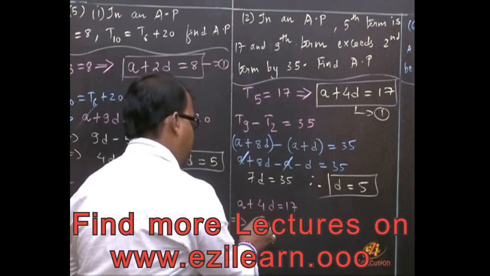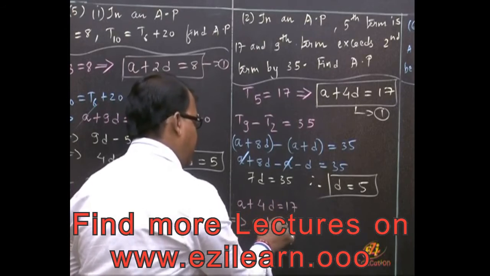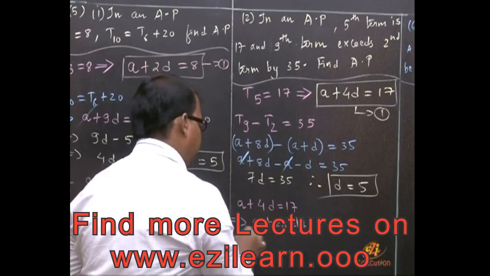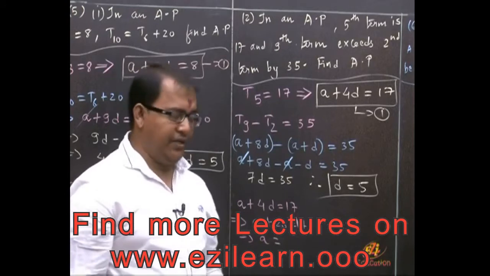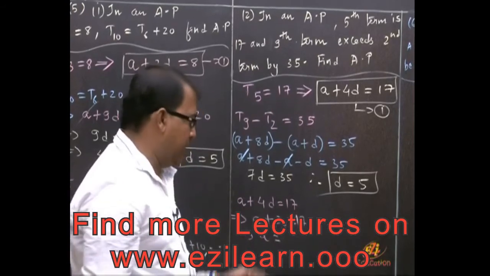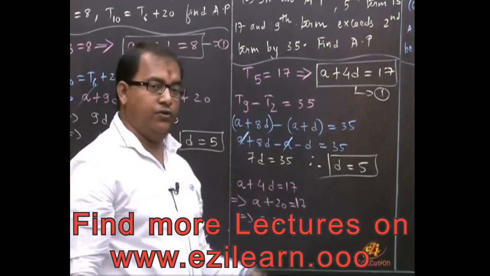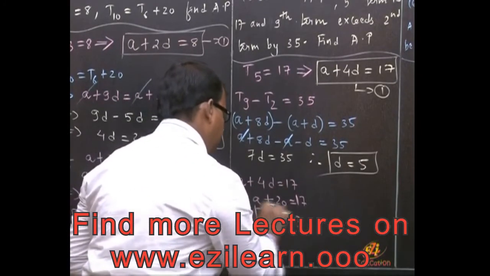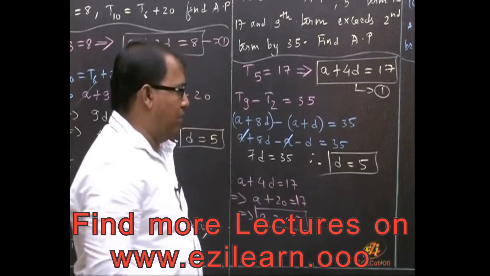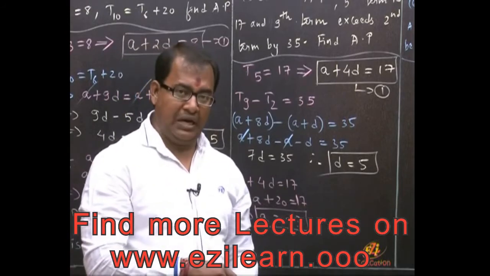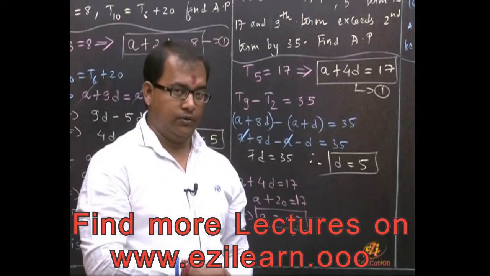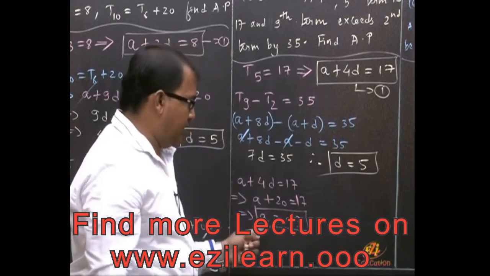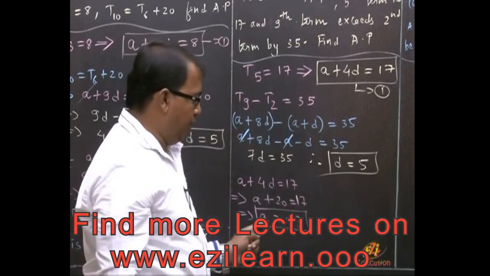A plus 4D is 17, which means A plus 4 5s are 20 is equals to 17. 17 minus 20. A is equals to minus 3. A is equals to minus 3. Now what? You get the value of D, you get value of A.